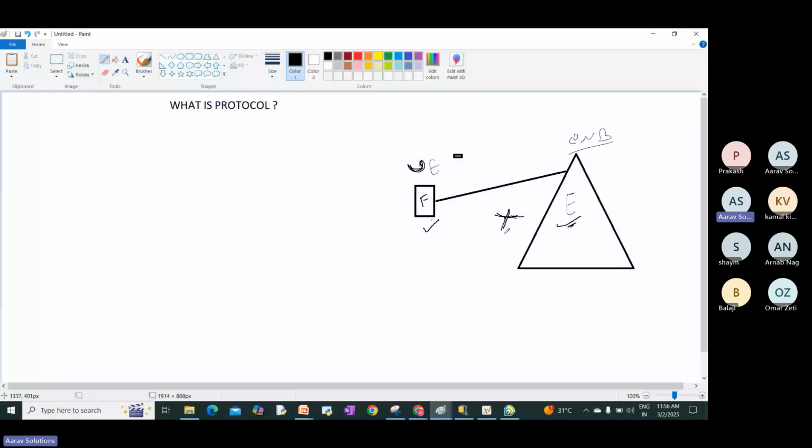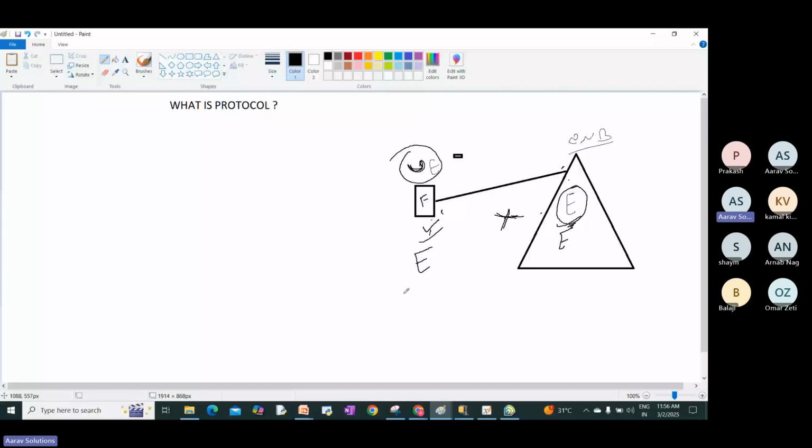If we are sending something from the eNodeB, but the UE is aware of French, you know French, then it will not be able to understand whatever English the eNodeB is sending. So if you want to establish a connection, it must be English and English. Only if the set of rules, the language, is the same can we establish the communication.